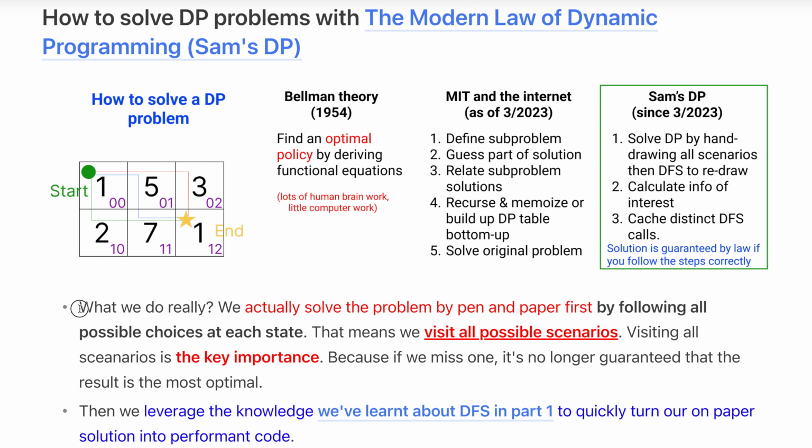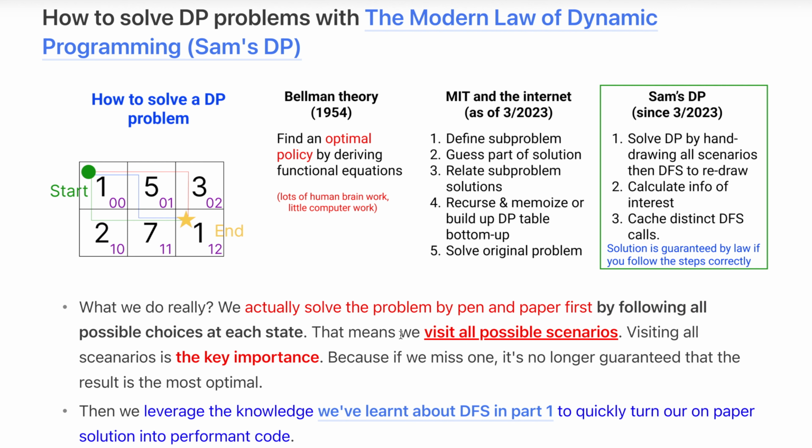To elaborate on SAM's DP a little bit more, what do we do really? What we do is we actually solve the problem by pen and paper first. How? We solve the problem by hand and paper by following all possible choices at each stage.